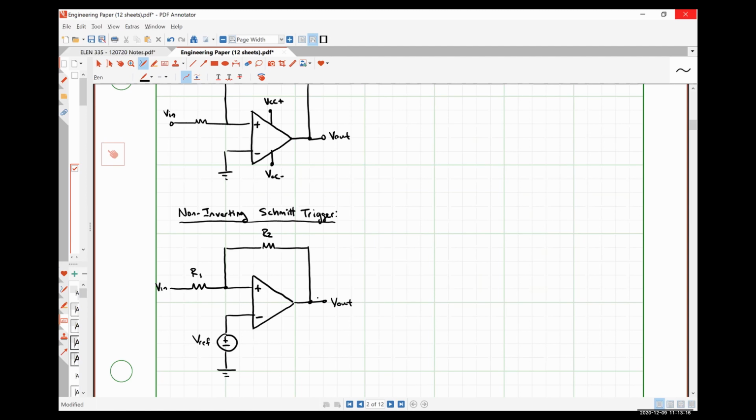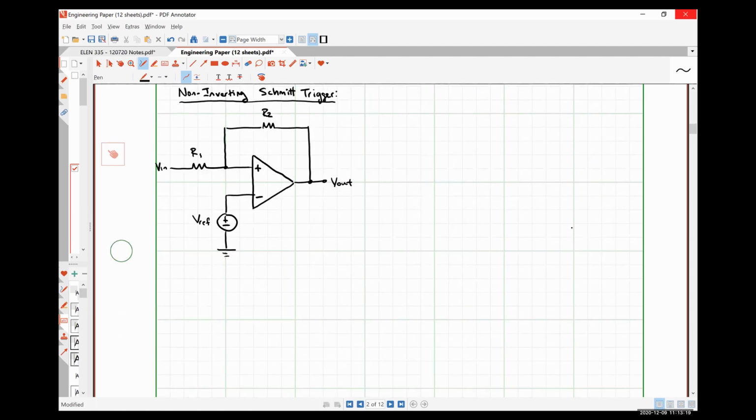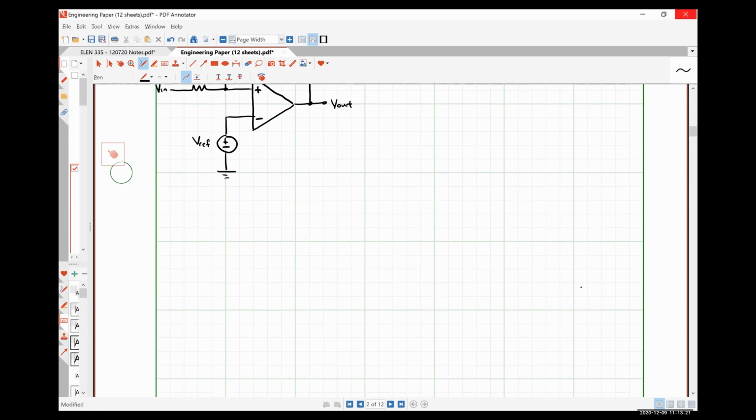So in using the practical op-amp model, this is my non-inverting input terminal, this is my inverting input terminal. So this is my differential voltage VD.